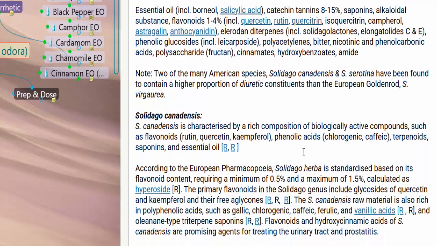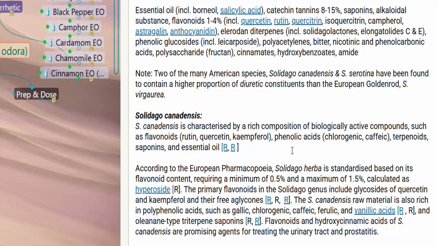According to the European Pharmacopoeia, when products are made from goldenrod that are sold on the market, they tend to be standardized based on their flavonoid content, requiring a minimum of 0.5% and a maximum of 1.5%, calculated as hyperoside, which means hyperoside is one of the more important constituents in this plant.